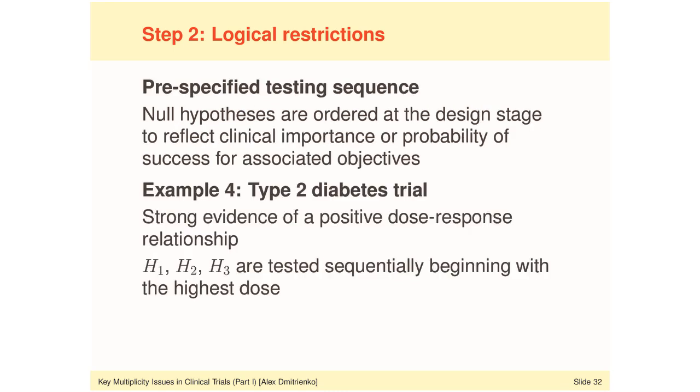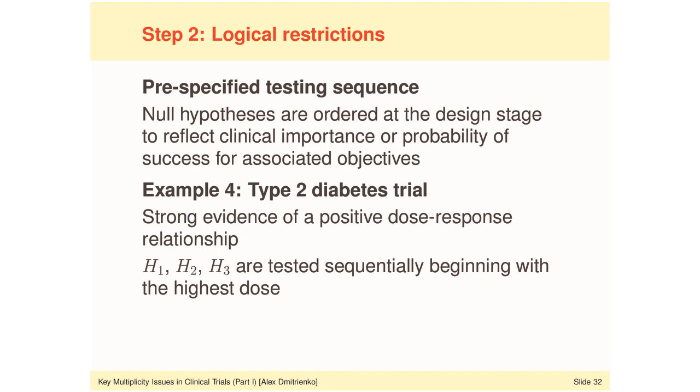We will use this illustration to discuss the role of logical relationships among null hypotheses in a clinical trial. It is important to know whether or not there is a natural way to order the null hypotheses in a multiplicity problem. Suppose first that we can select a pre-specified testing sequence, or in other words, a pre-specified hypothesis ordering, which means that the null hypotheses H1 through Hm are ordered according to their clinical importance or probability of success.